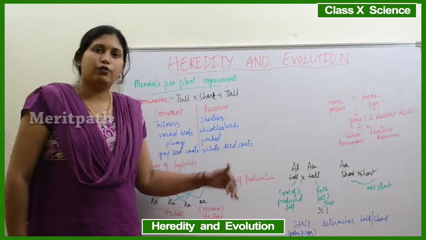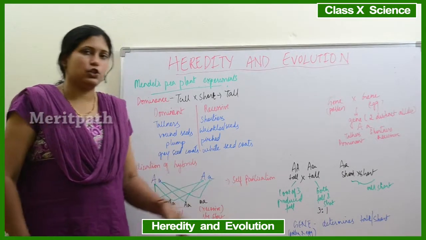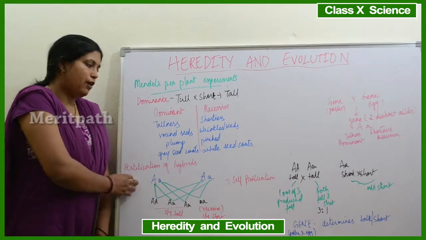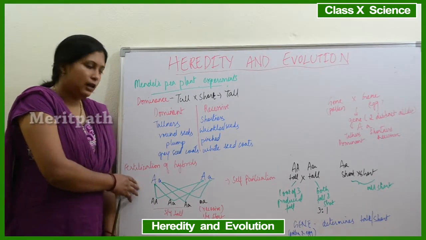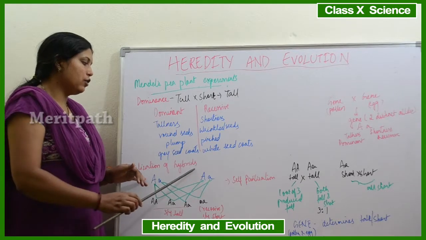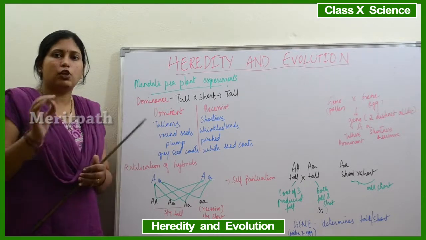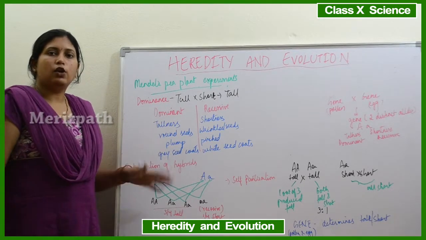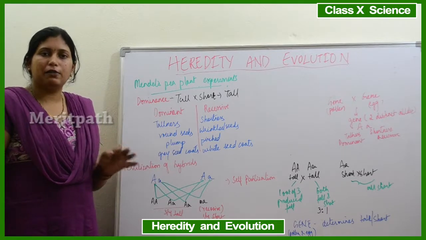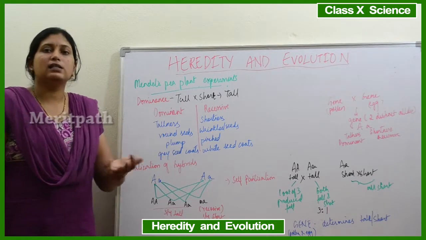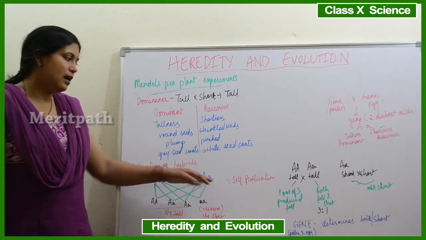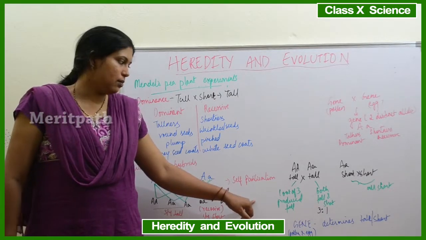So when he further continued the self-fertilization, first he self-fertilized the hybrid variety. So this is the fertilization of the hybrid variety. See, tallness was the dominant feature, and the tall plants were the fertilized hybrid varieties. Those hybrid varieties he self-fertilized, and then he again continued the self-fertilization process.